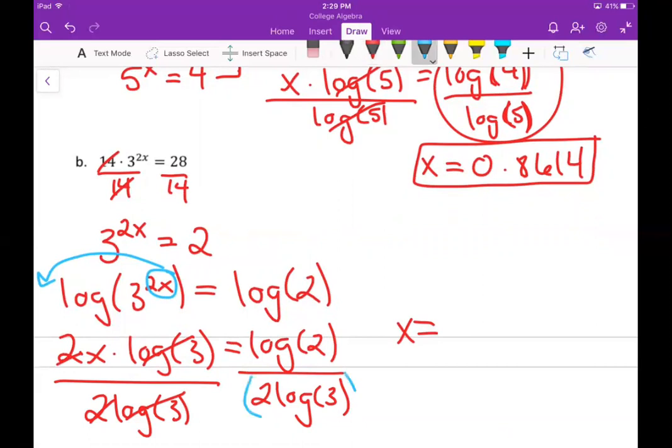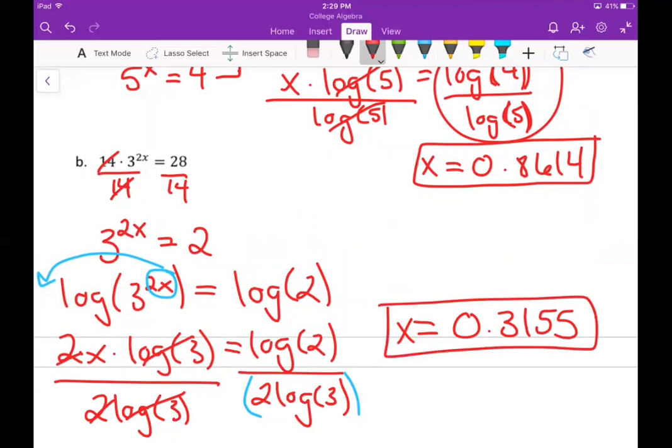Anytime you have something more complicated, put parentheses around it. Things to note here, the 2's in no way cancel because that 2 is trapped inside of the log. You need to plug this entire expression into your calculator. Do that and see if you get my same answer. You should get 0.3155. That's a rounded number. I like to round out to about 4 decimal places when I'm doing this to get the most accuracy.